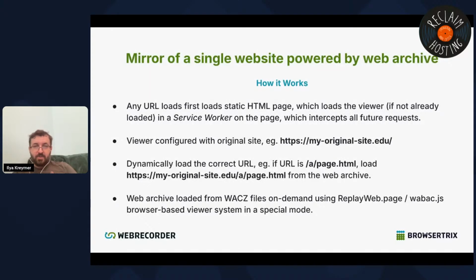So how it works is, I don't have time to go into a whole lot of detail, but basically there's a static HTML that's loaded when you first access the web archive, and then it loads the service worker, which is part of the standard web toolkit that's available to all browsers now, and then it loads the appropriate page from the web archive.